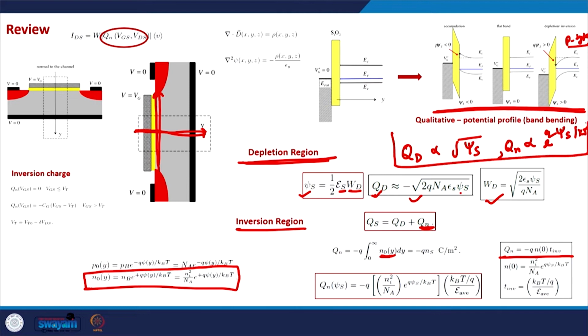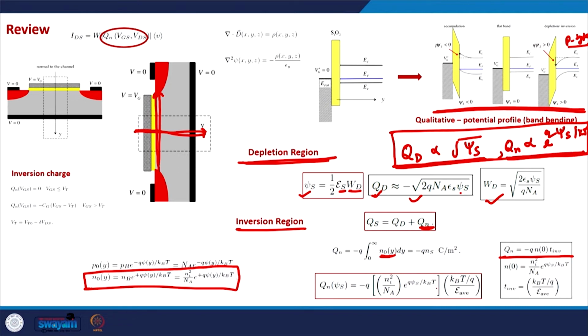So for low positive gate voltages, when the inversion has not yet happened and only the depletion charge is there, the charge will vary according to this relationship. But as soon as there is strong inversion in the semiconductor, the inversion charge, or the charge in the semiconductor, increases exponentially.